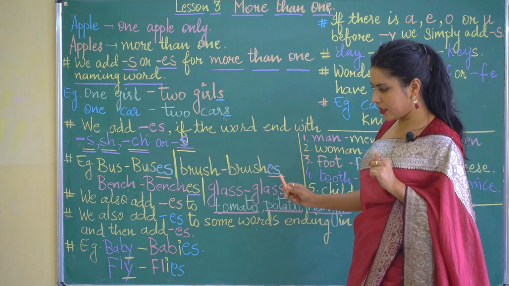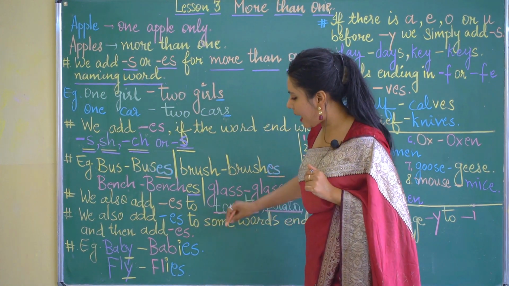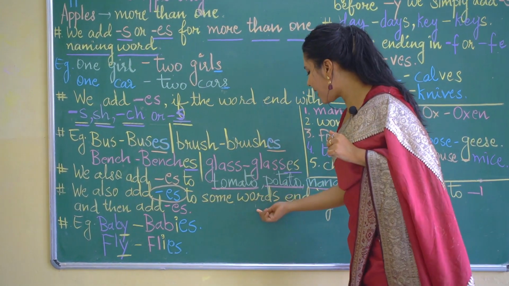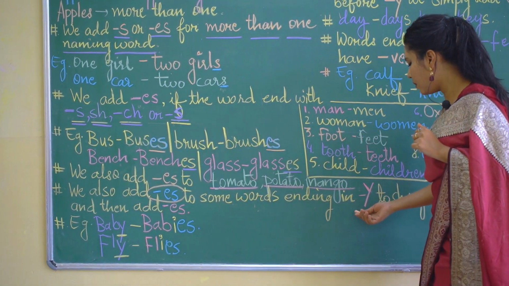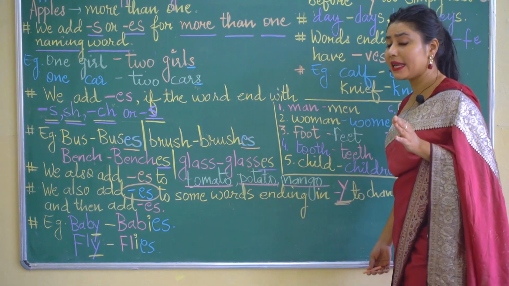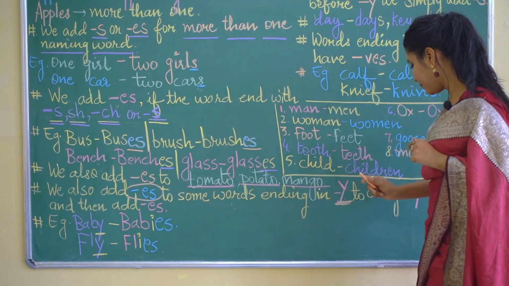So see, what is written here? Just pay attention. We also add ES. You have to add ES to some words ending in Y. If you find any word that is ending in Y, you have to add ES there.